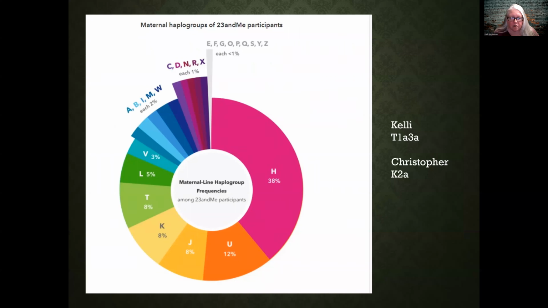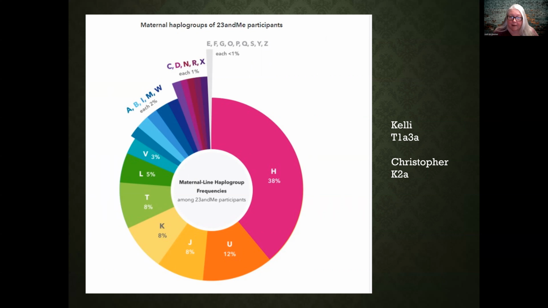This is from 23andMe. They have a participant chart that shows the frequency among their database. Now, 23andMe does give you a high-level haplogroup for your mitochondrial DNA and a high-level haplogroup for your Y DNA if you're male. What we see here are what 23andMe calls the maternal line, which is mitochondrial DNA, haplogroup frequencies.